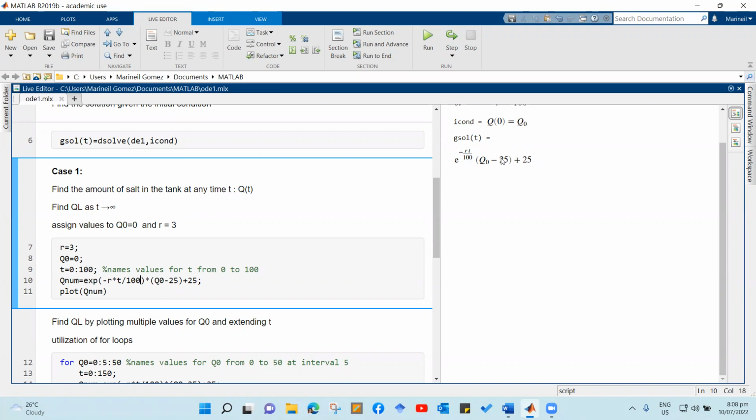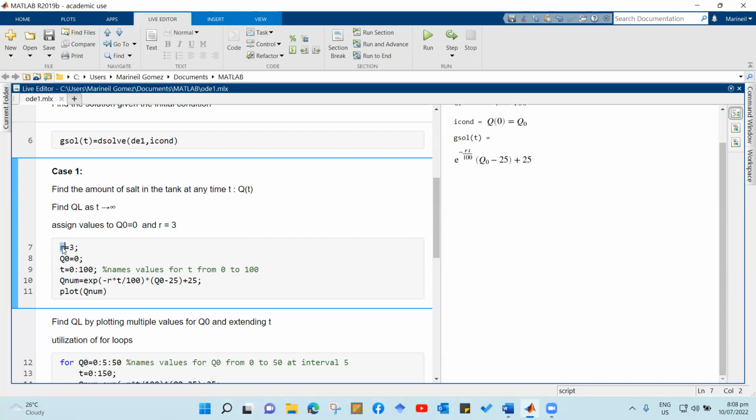So you must change the symbolic function to a non-symbolic function. There are other ways to convert it if you look at MATLAB help, but I just go to the brute force method, the simplest one, which is to just copy this equation and provide the values of r, Q_0, and t.